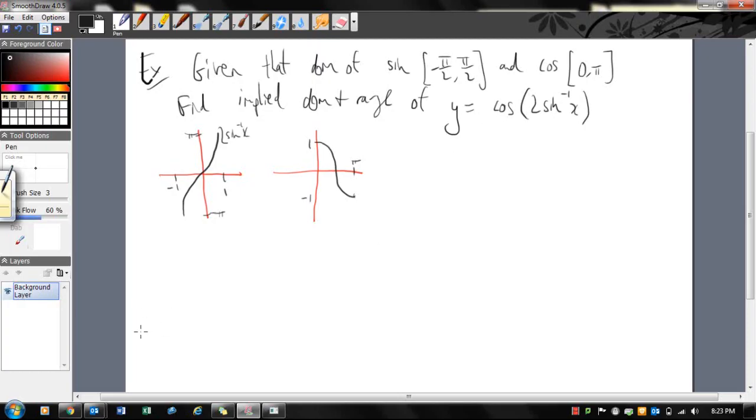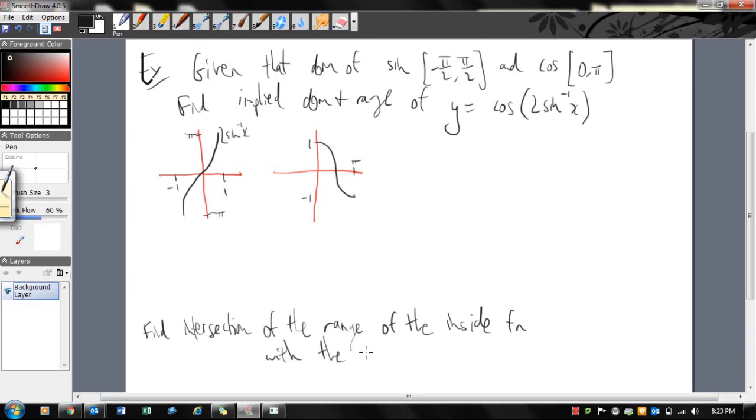With these types of questions, you need to find the intersection of the range of the inside function with the domain of the outside function.